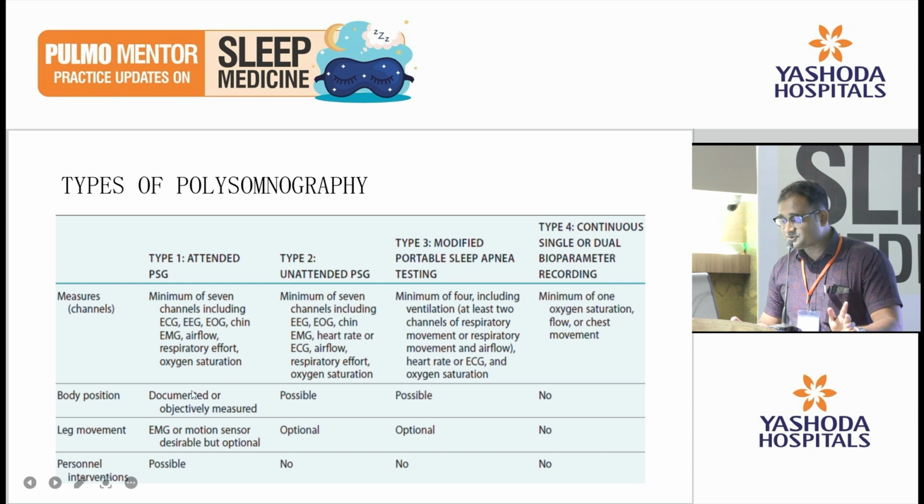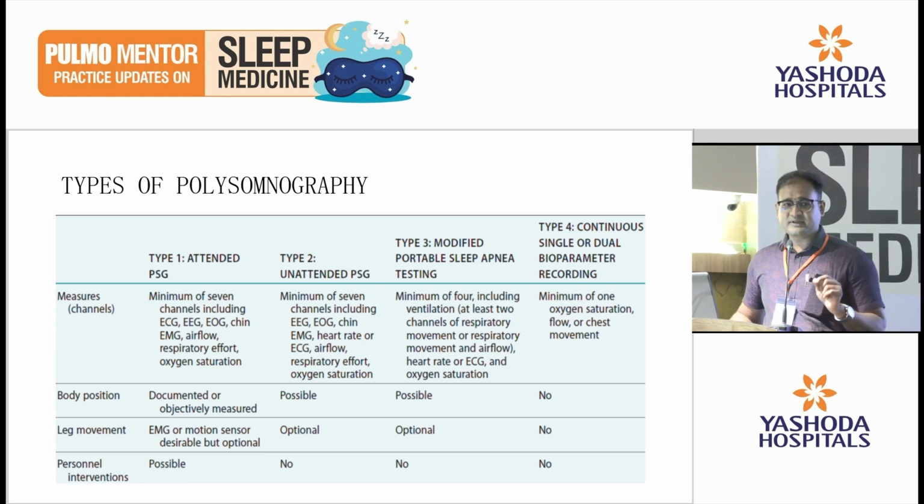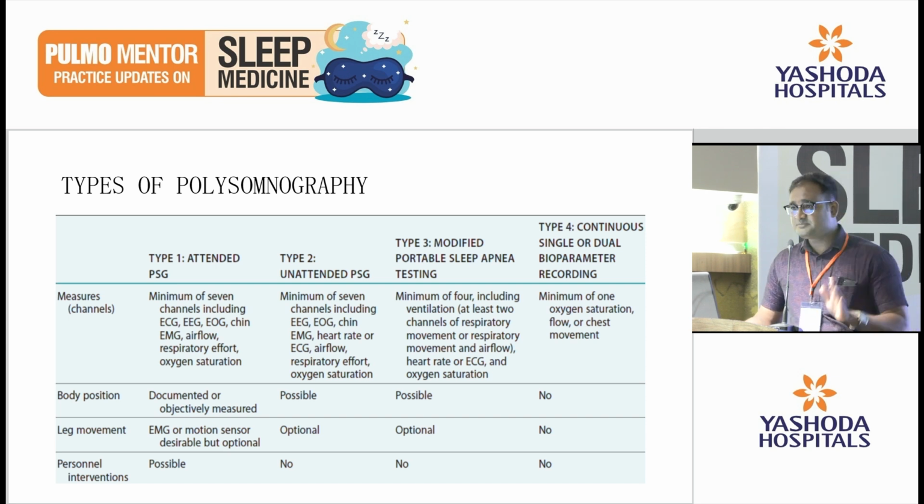You can also document the body position in level 1 polysomnography. Leg movement can also be attached to detect whether PLMS is present or not. And personal intervention is possible. This is the most vital part of level 1 polysomnography. A sleep technician or doctor must be there during the polysomnography at night because something can happen during the night.